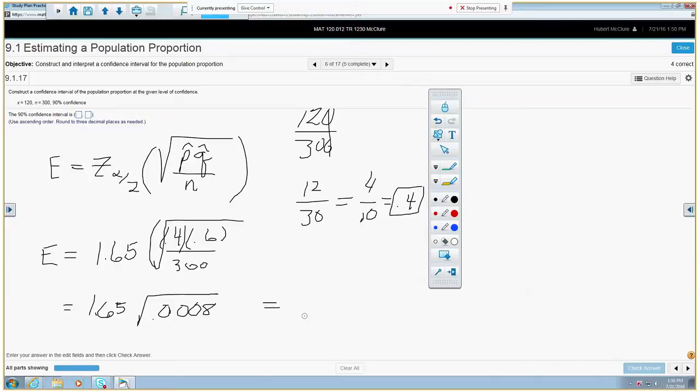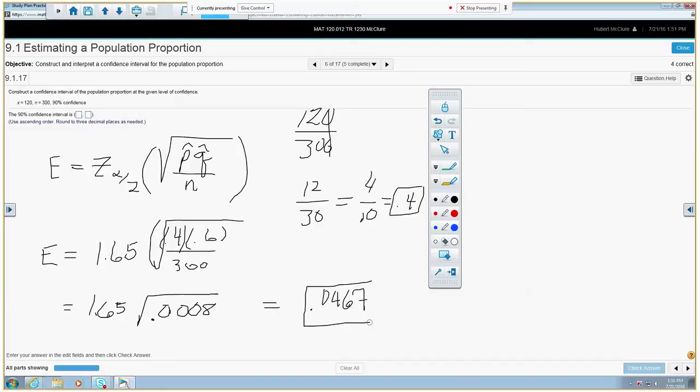I'm looking for 0.0467, times 1.65. Give me 4 digits. What'd you get? 0.0467. Is that what everybody got? All right, that's your margin of error.